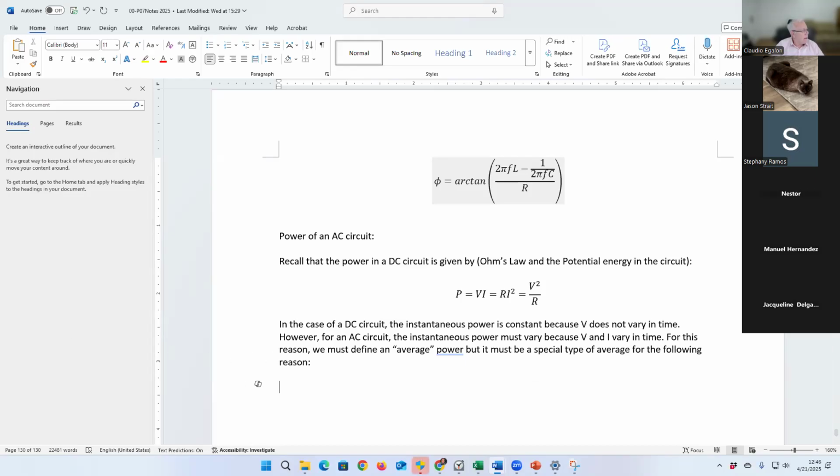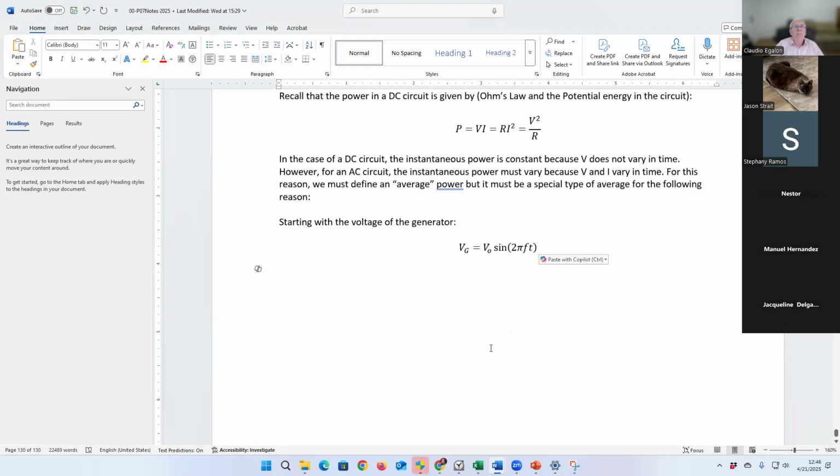That's going to become easy to understand if you consider that the sine function spends the same time as a positive value as it does as a negative value. Notice that the voltage is a sine function, so it spends half of the cycle in the positive region and half of the same cycle in the negative region.